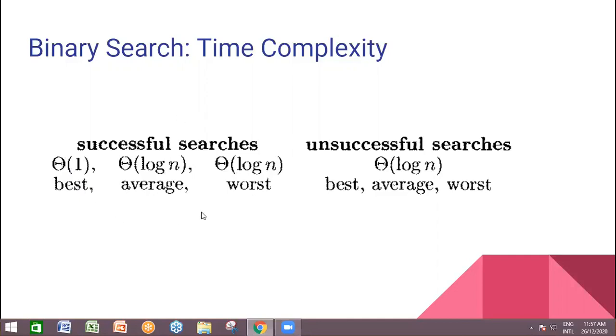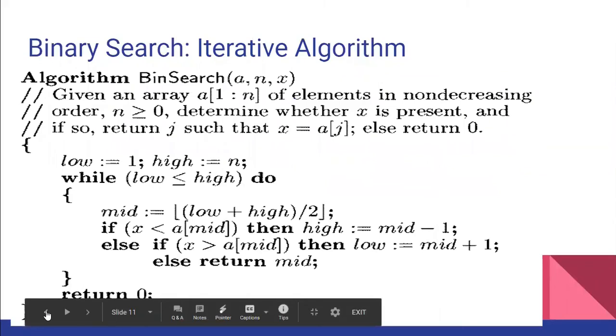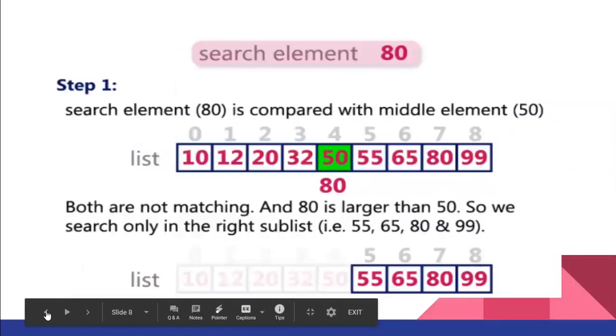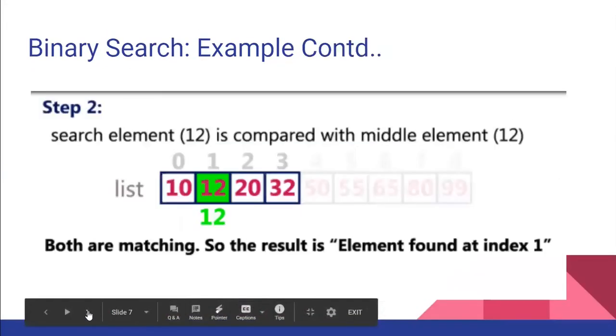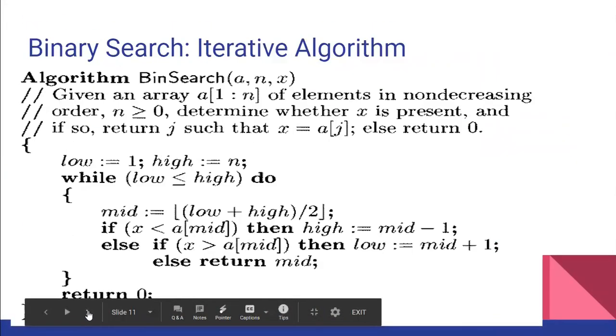Now how it comes to be theta of log n is the recurrence equation that we have seen earlier of divide and conquer, a T of n by b. Okay, so here the number of problems are 2, T of n by 2. So if we solve this recurrence equation for binary search, it comes out to be log n.